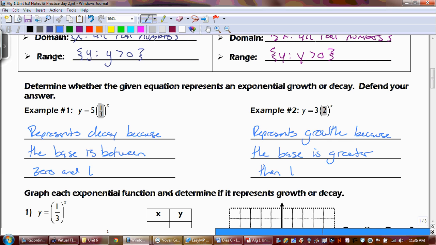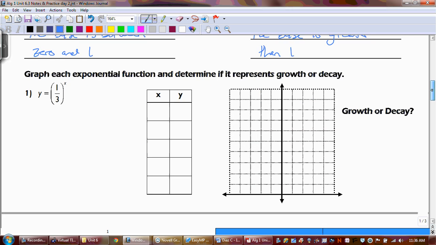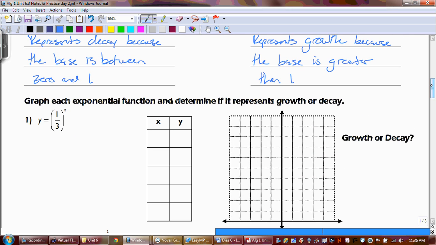So we look at the base and the base is going to tell us what our answer is going to be. Okay, so graph each exponential function and determine if it represents growth or decay.